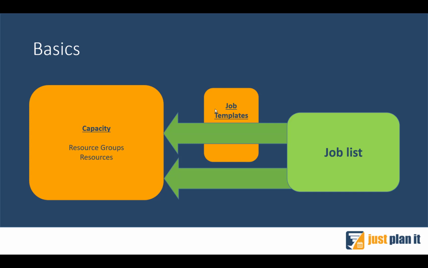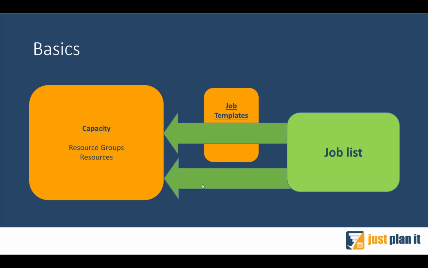And you also learned what you do if you have a very unique request where you cannot or should not use a job template, but make use of the case-by-case creation of the job.